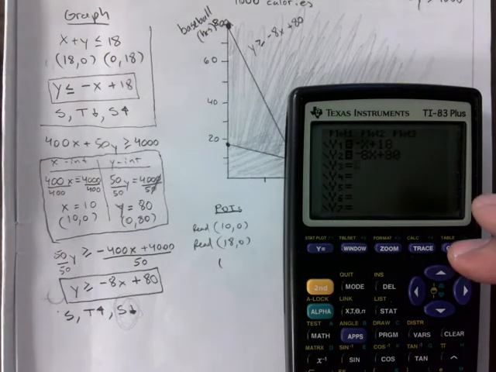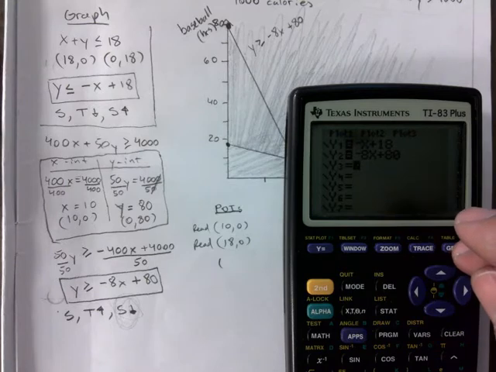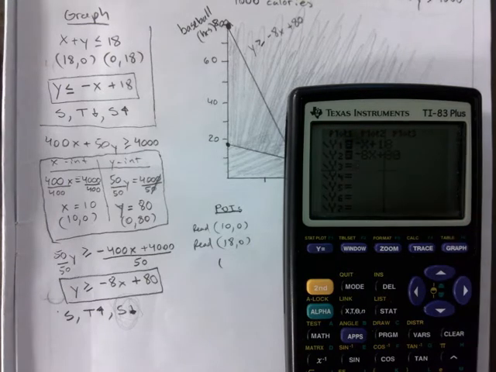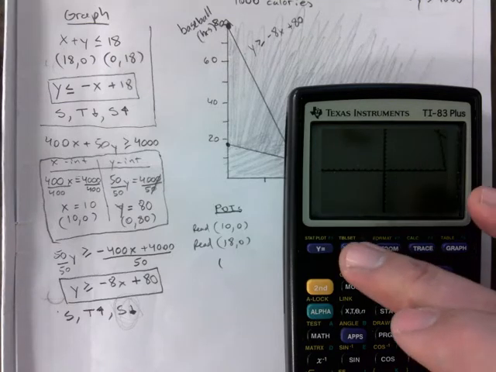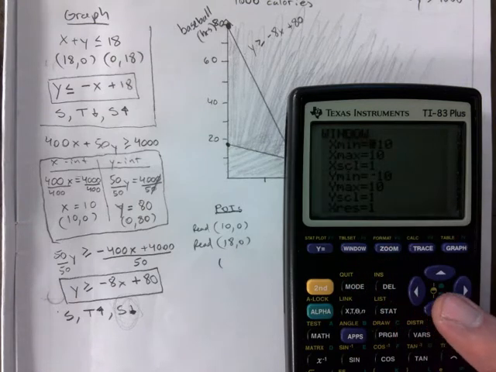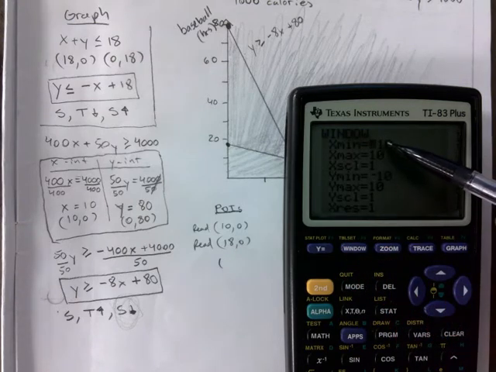I'm going to go graph, even though I know it's not going to work for me. Well, it might actually. You can see somewhat that they're meeting right there, but I don't recommend that. So I'm going to go to my window. I don't need negative 10x, right?